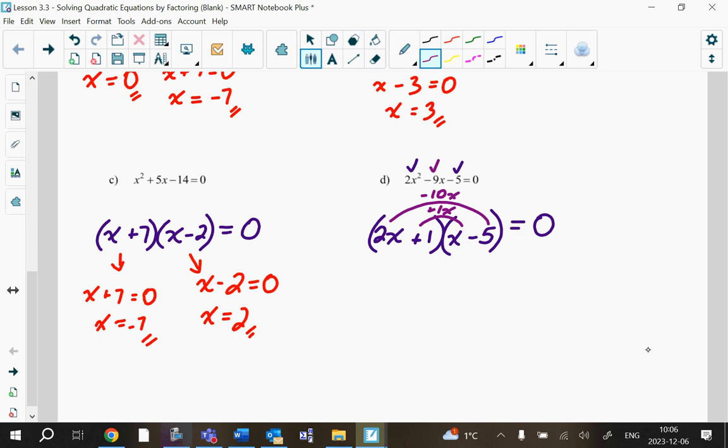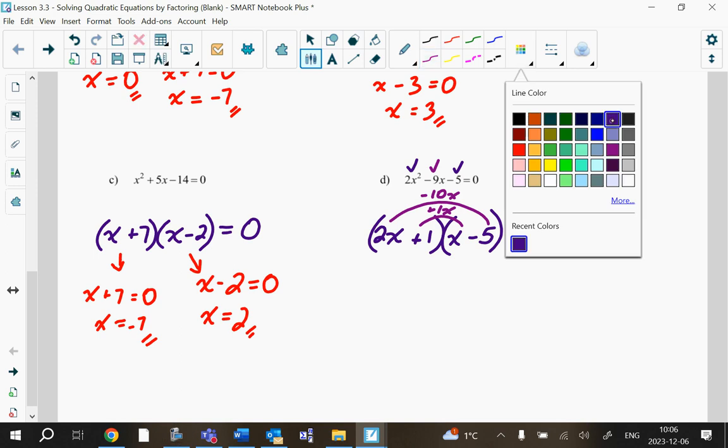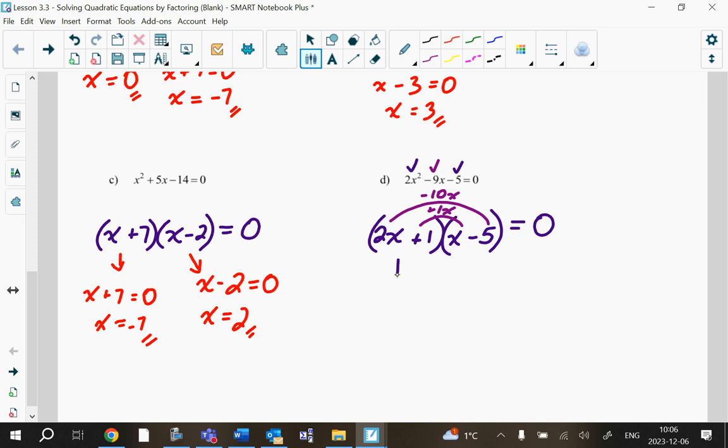And now to get the solutions, set each of the factors equal to 0 and solve. So what value of x will make 2x plus 1 equals 0? Well, how do we solve this? It's a two-step equation.